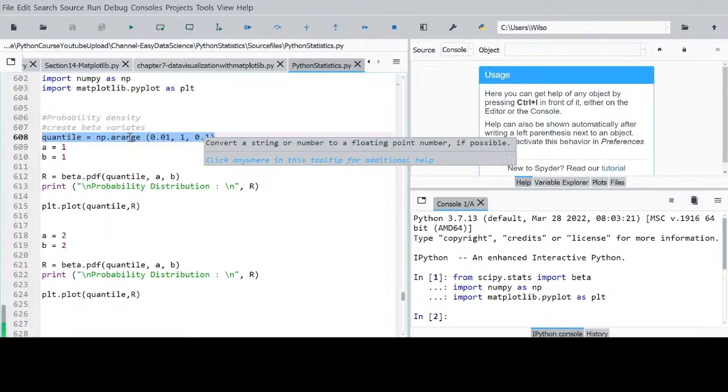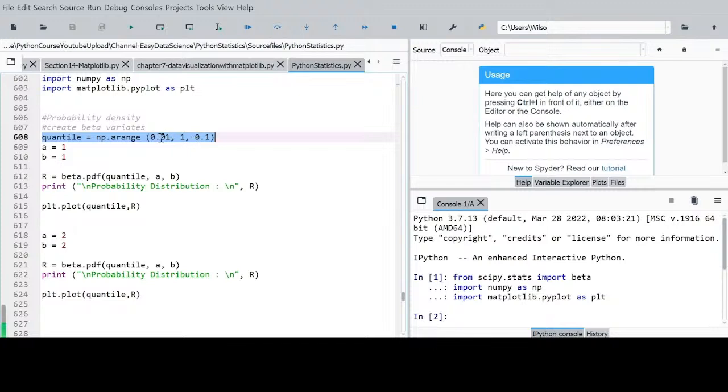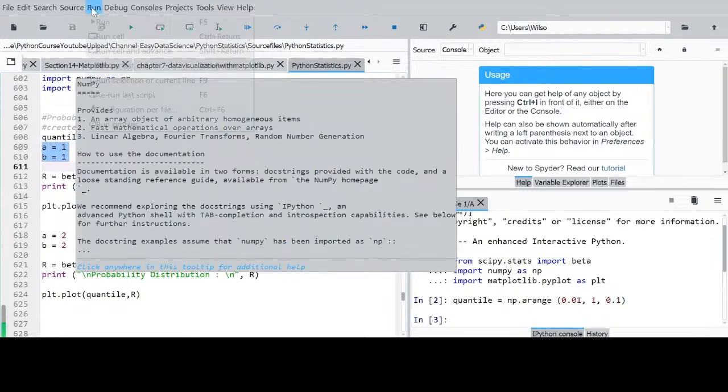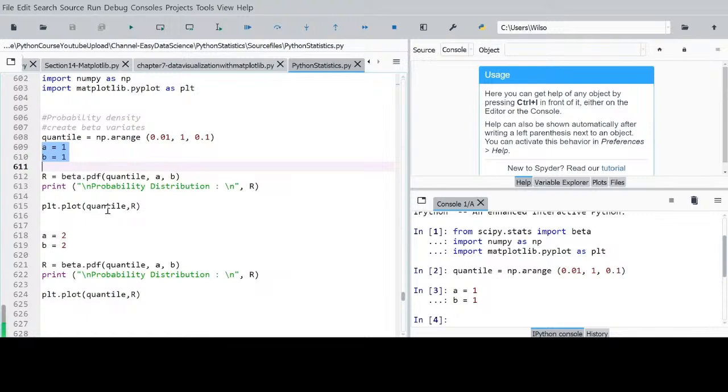This array called quantile represents the beta variables, because beta variables are between 0 and 1, so we use values very close to 0 up to 1. Next we set A and B, representing alpha and beta, both equal to 1. This actually is a uniform distribution. We can use beta.pdf to calculate the density values associated with this beta variable called quantile with the alpha and beta parameters.